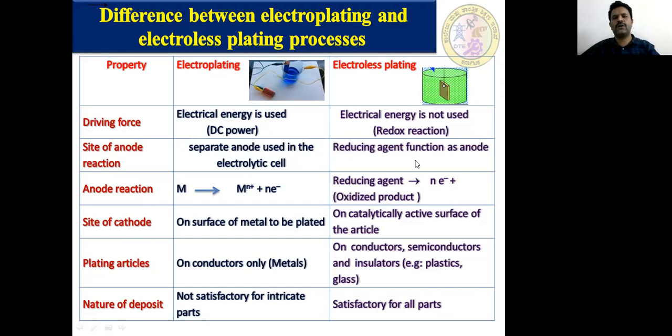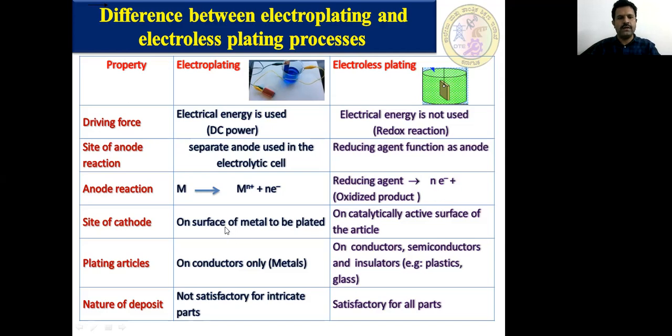It will release electrons after oxidation. In electroplating, the metal will undergo an anodic reaction. The metal will undergo oxidation and release electrons. But in electroless plating, the reducing agent will undergo oxidation and it releases electrons.